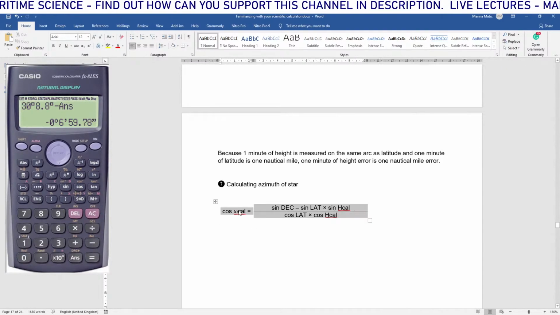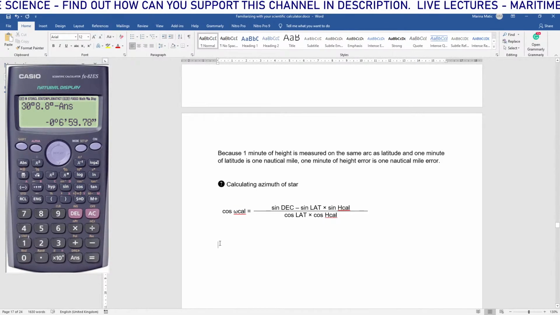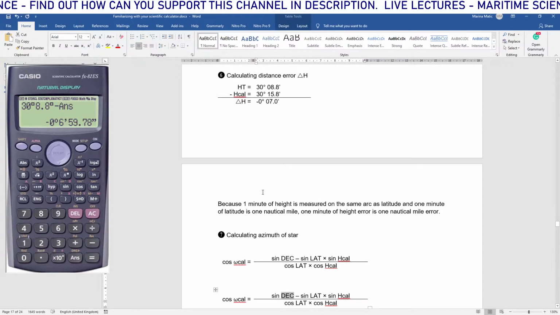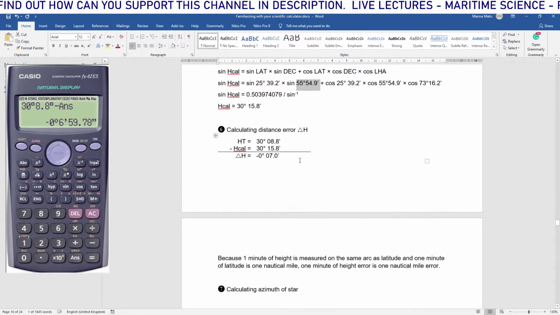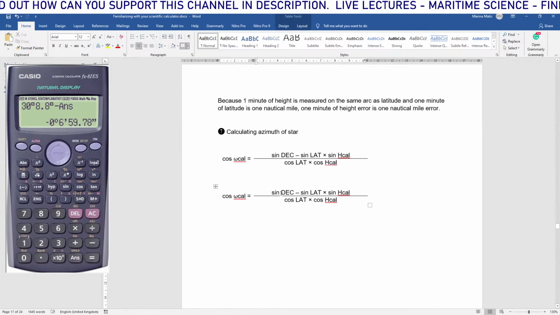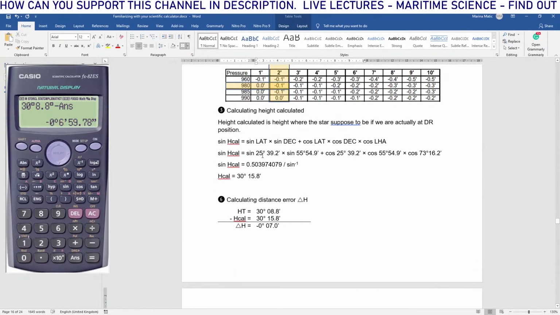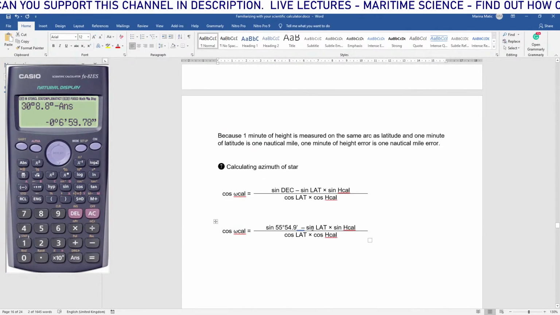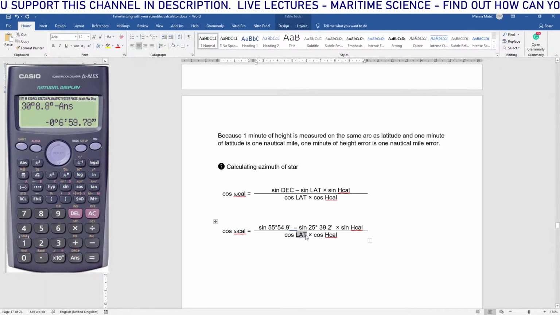And let me copy this. Once again, if this is your first time using this formula, I recommend that you actually put the values here. So declination is this one. Declination is this one. Latitude is this one. Copy. So we have it here, and here.